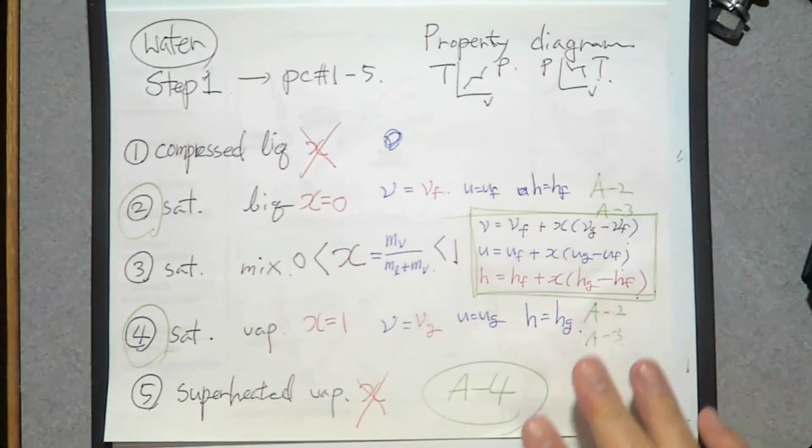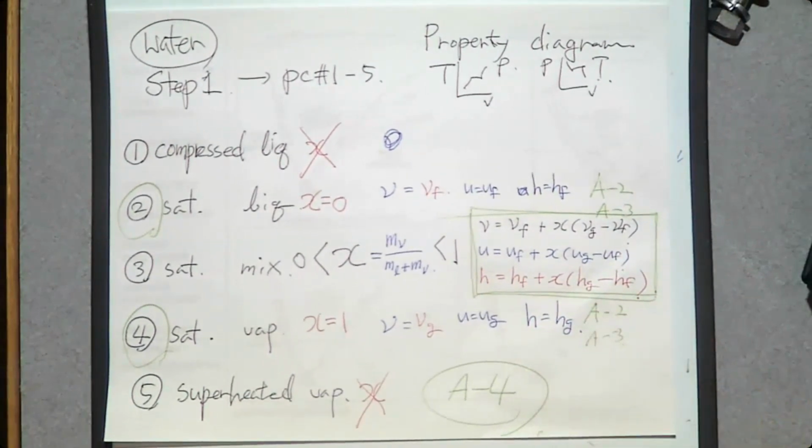Then that's not it. One is missing. Number one, compressed liquid. We study number one last because this one is a little bit complicated. Then the first question you may ask is, okay, there's a table for 2, 3, 4, and table A4 for number 5.